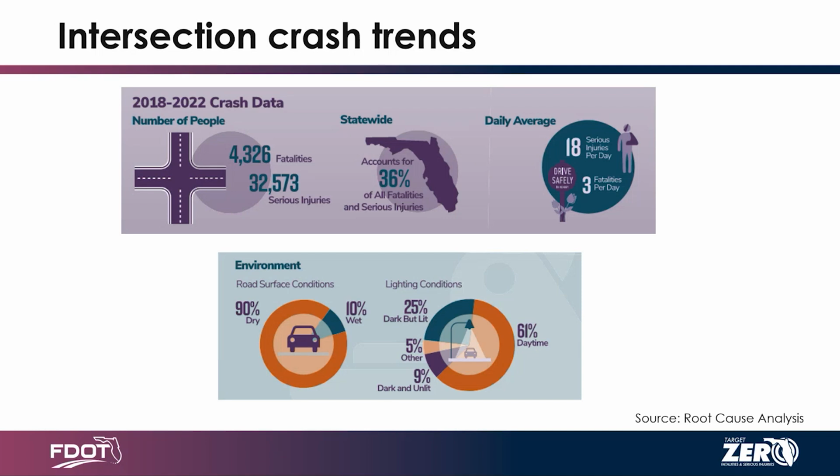Breaking down some of the data that we had mentioned in Module 5, 90% are occurring at dry road surface conditions, 10% at wet, and then 61% daytime, and about 40 percent either dark and lit, dark or unlit, or other lighting conditions. And again, these are statewide averages for this time period. They can fluctuate, and every unique intersection and site is different.